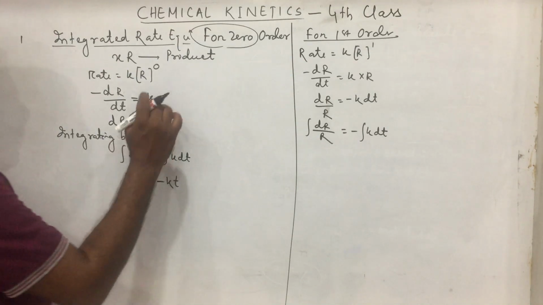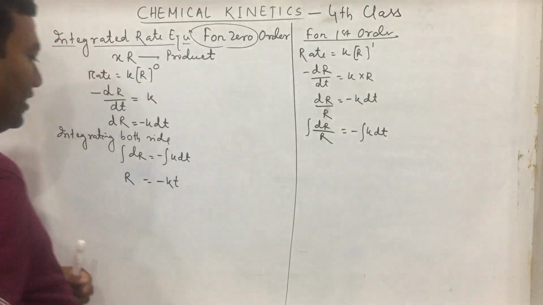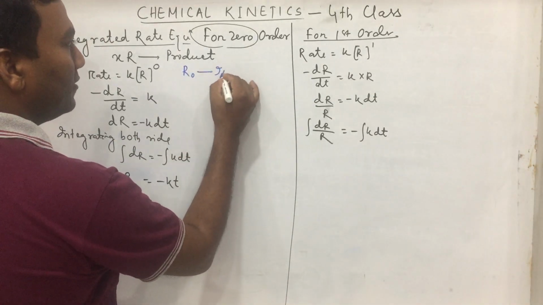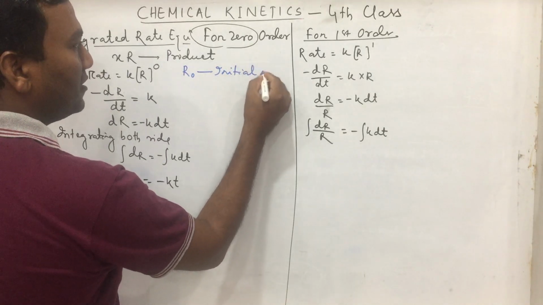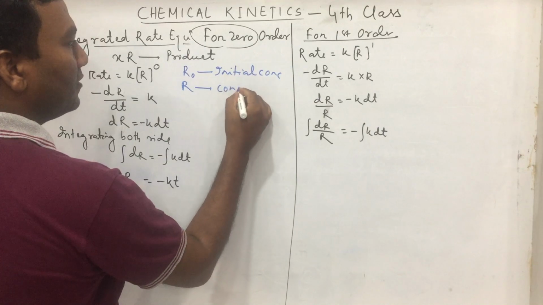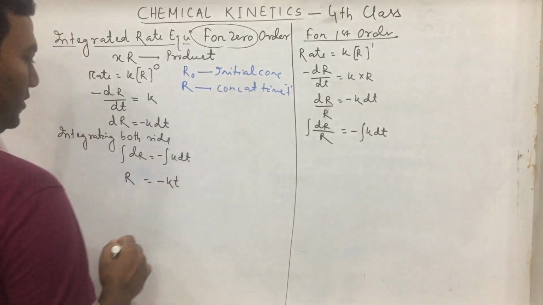Clear? So initially we will take R naught as the initial concentration and R as the concentration at time t.